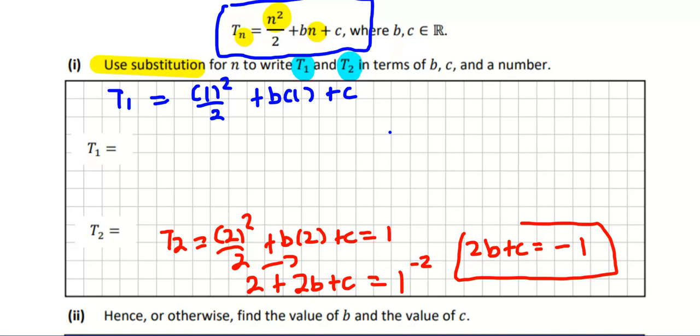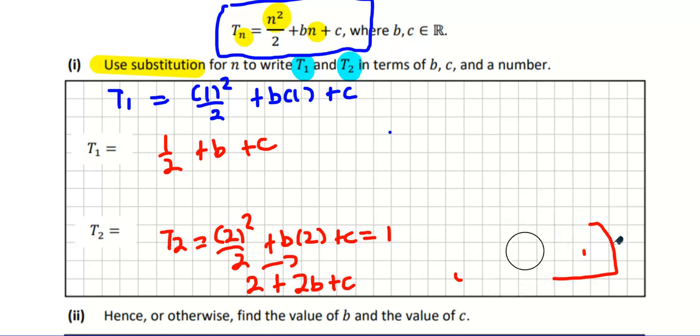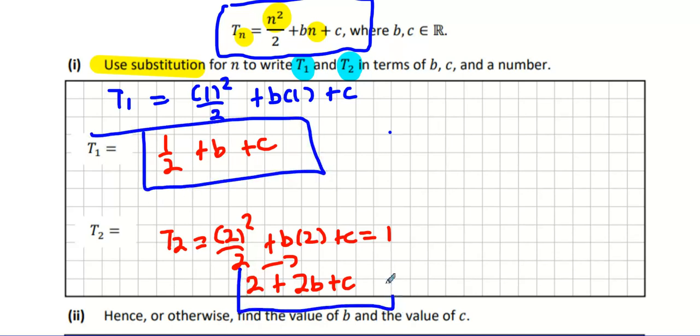Leave the 1 alone, and it's basically a half plus B plus C. And this one here is essentially just 2 plus 2B plus C. So the actual answers for this one are this one here, this one here. Okay, so just sorry, I got ahead of myself.